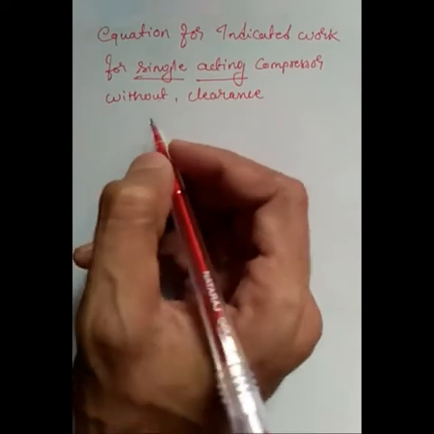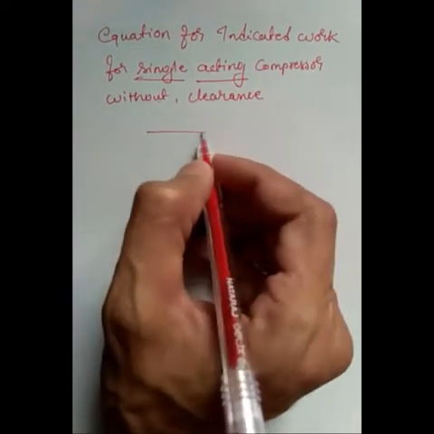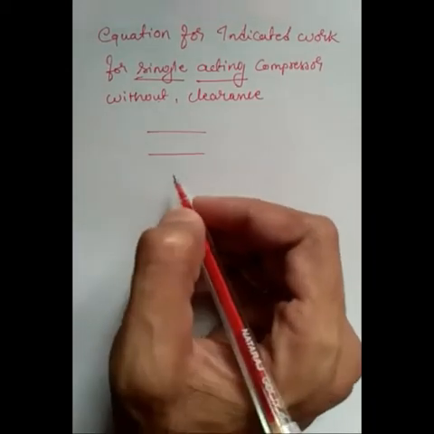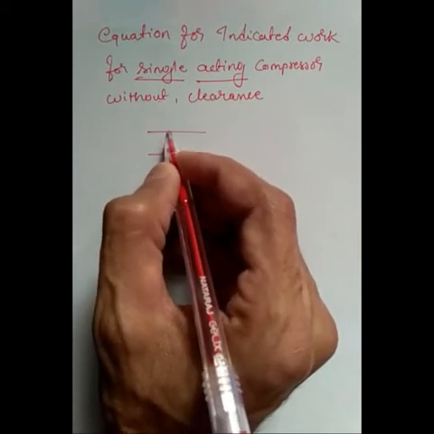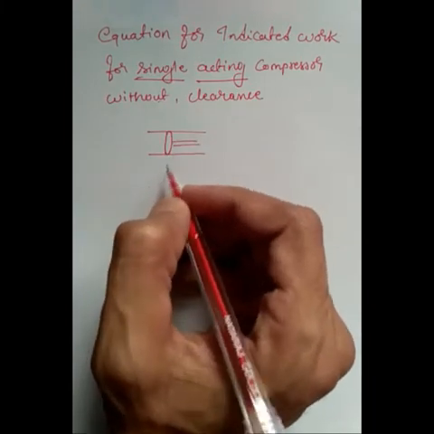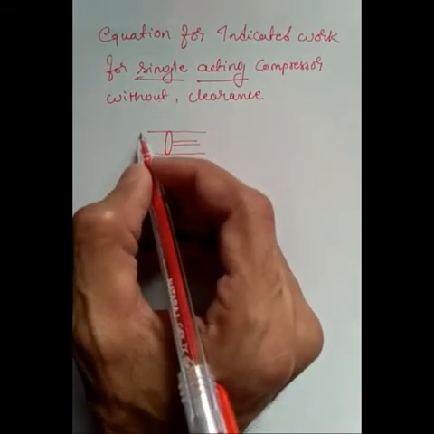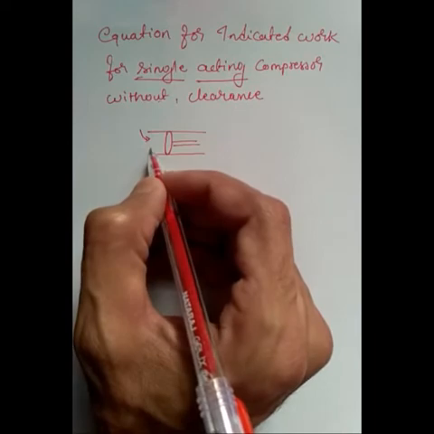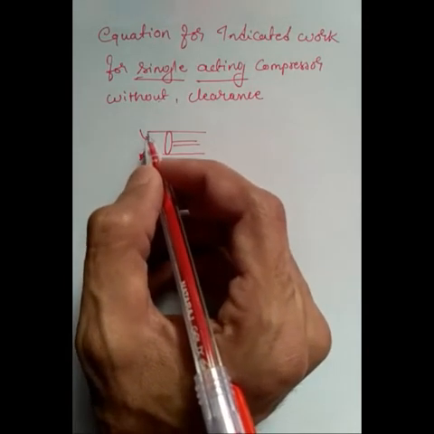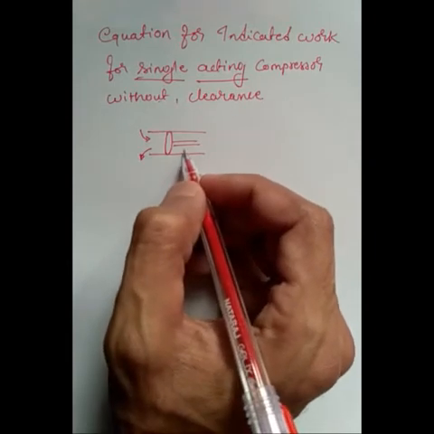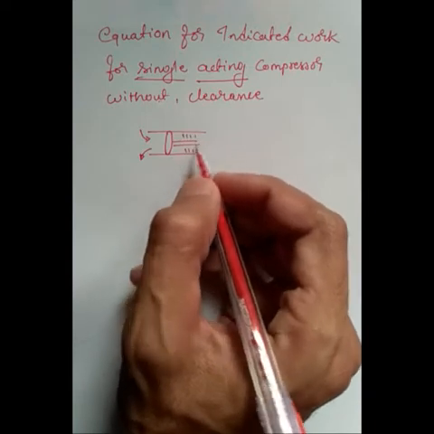What is a single acting cylinder? A single acting cylinder is one where this is the piston cylinder, this is the piston, and this is the piston rod. In a single acting cylinder, the air is taken in and the compressed air is let out on only one side. The other side of the piston will not do any work.